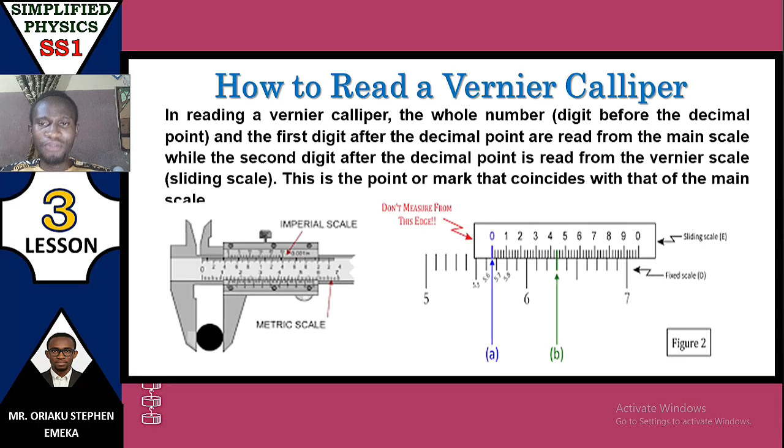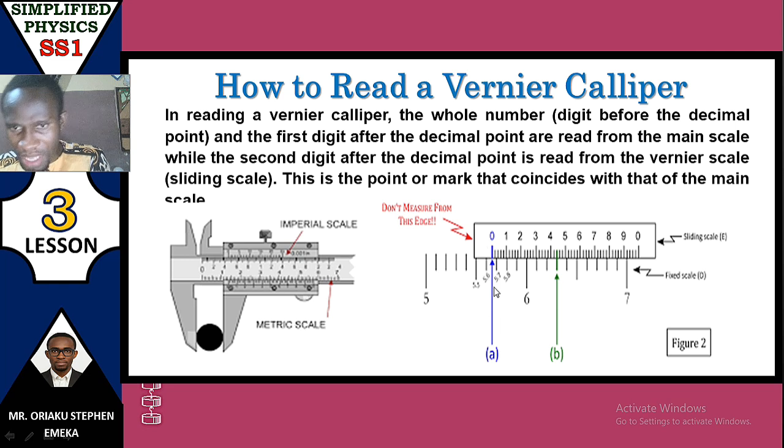Now this is the vernier caliper. Look at the way it's trying to get the diameter of that board. If you notice, we have the two scales, the main scale and the sliding scale, which is the vernier scale. Now you see that for this scale, A is the beginning of the vernier scale.